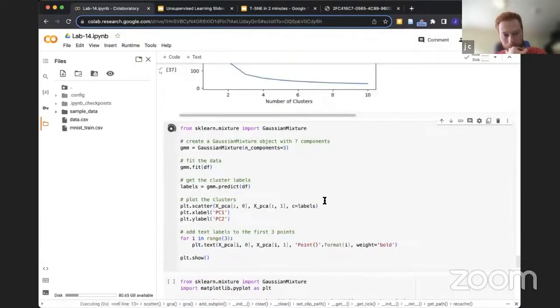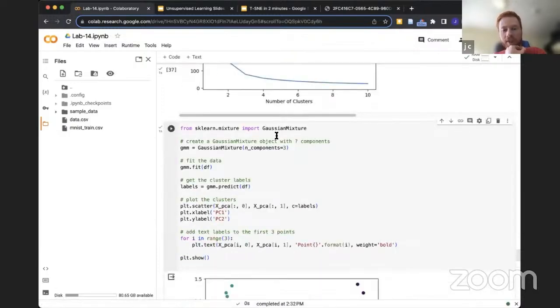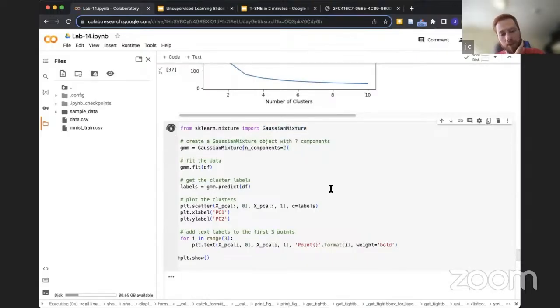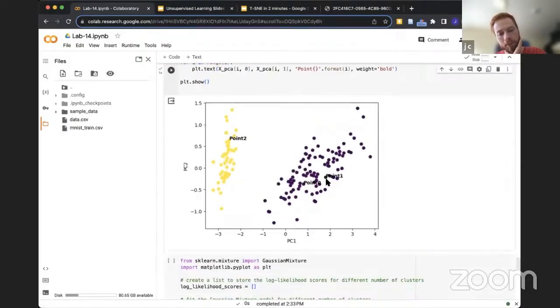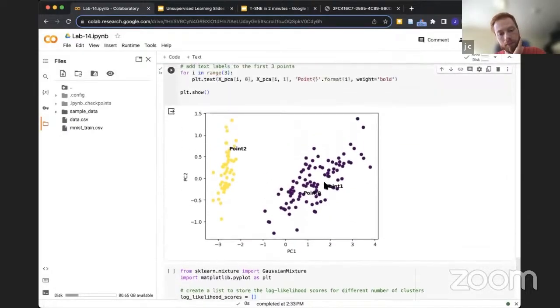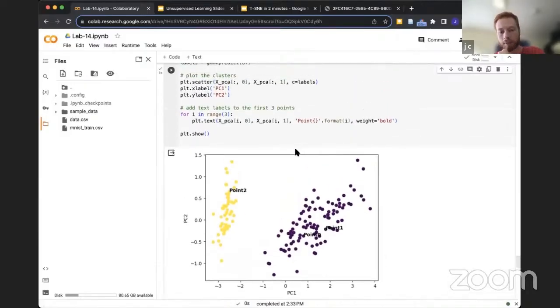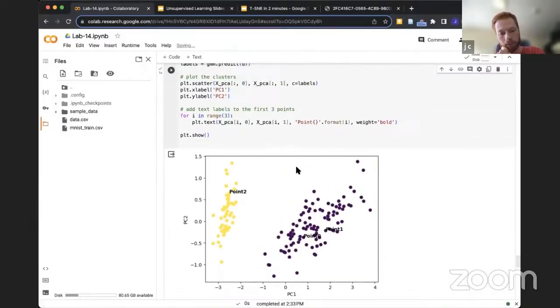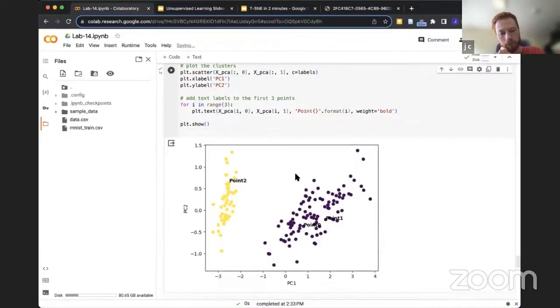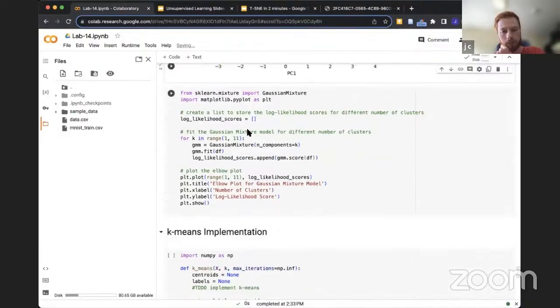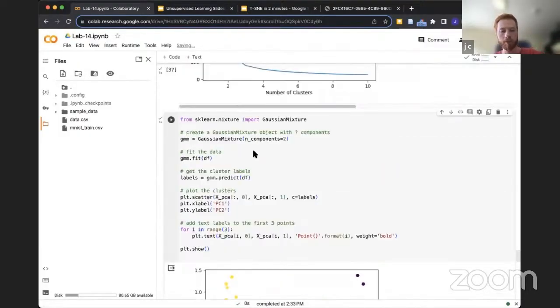Now we do the same with our Gaussian mixture model, which you also saw. Let's start with 2 again. Two, at least these now go to the other cluster. Let's look at 3.